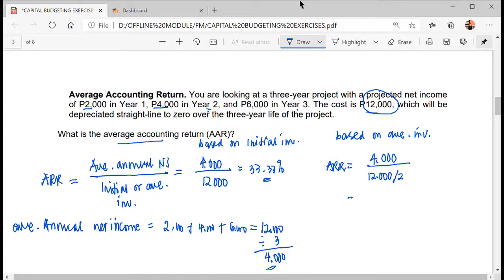So that is 4,000 divided by 6,000, which is 66.67%. When you average the investment, it is times 2 the initial investment's result: 33.33 times 2 is 66.67. Okay? So, that is the answer for question number 3.